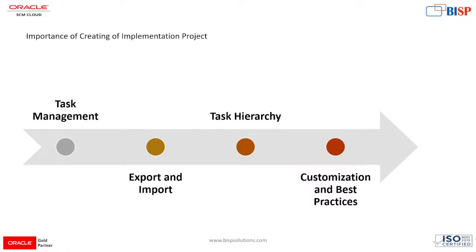Export and import. Additionally, an implementation project serves as a base for setting up the export and import process. The user can specify which business objects and corresponding setup data need to be exported or imported, defining the order of execution.